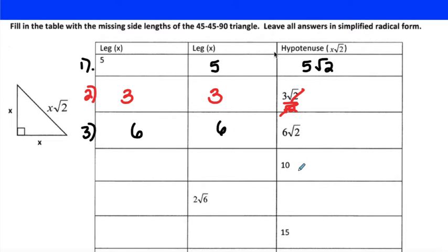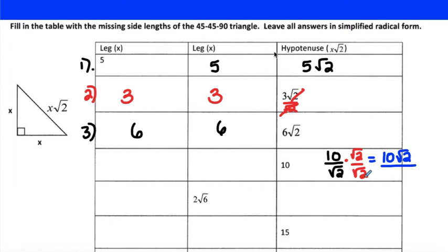Now it got tricky with 10 because there's no root 2 in it. So remember, the process is still the same. I divide by root 2. But now I have to use something we learned earlier this year called rationalizing the denominator. To rationalize this denominator, I multiply both the top and the bottom by root 2, which is just the number 1. I multiply across and I get 10 root 2.